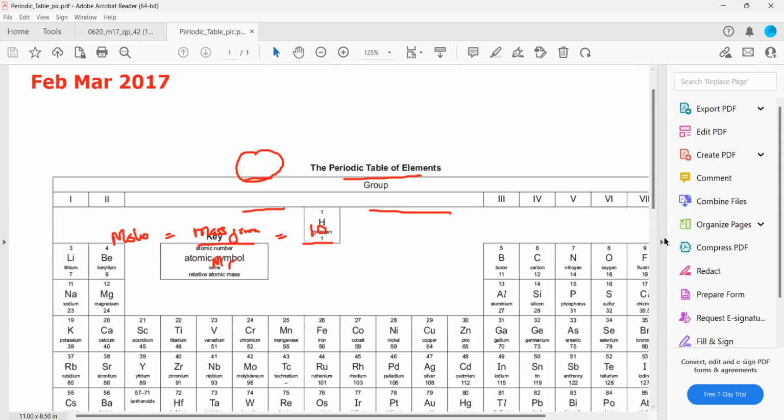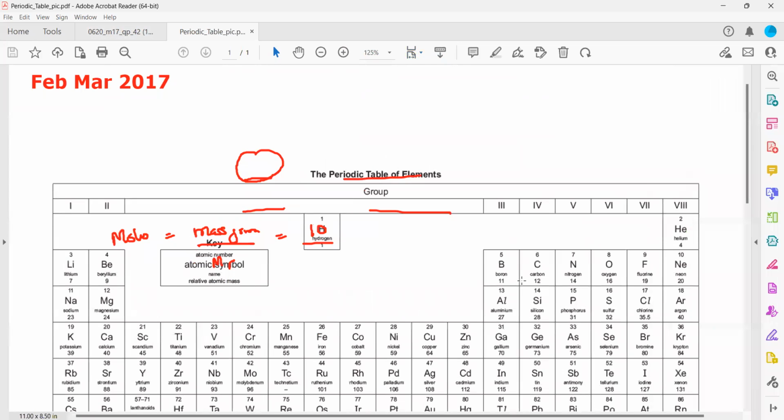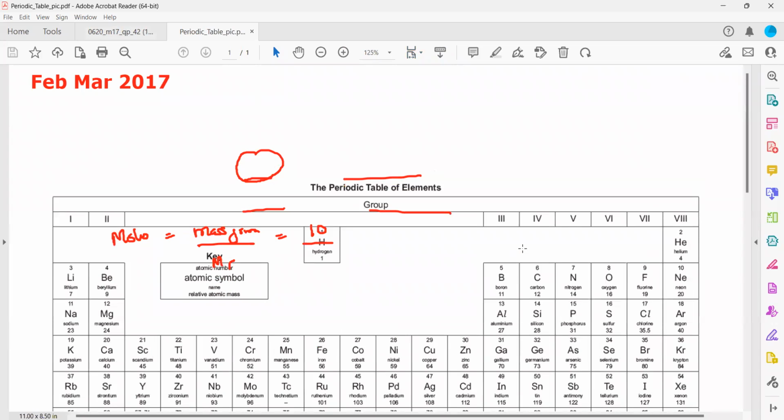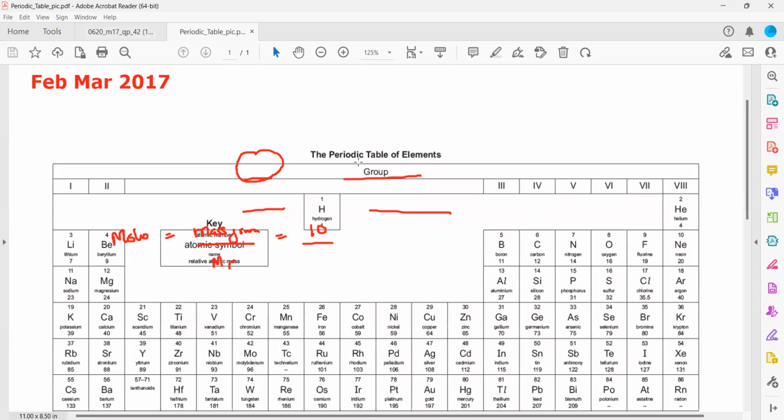So here is a periodic table image. Barium is 137, carbon is 12, and oxygen is 16.